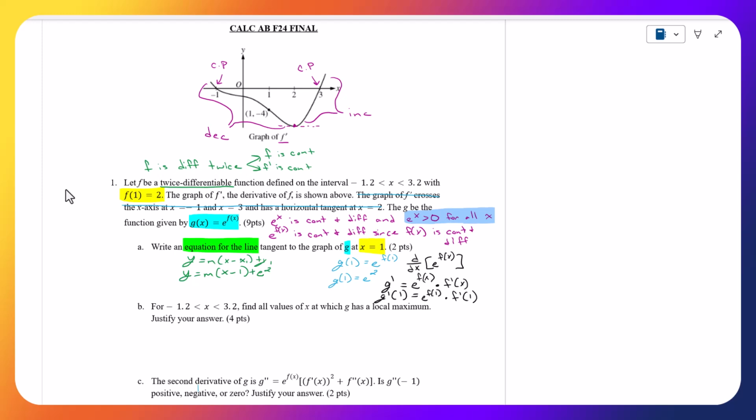And f prime of 1, if we just look at our graph, is negative 4. So we get that g prime of 1 equals negative 4e squared. This is where I should have highlighted. This right here was worth a point. G prime of 1.